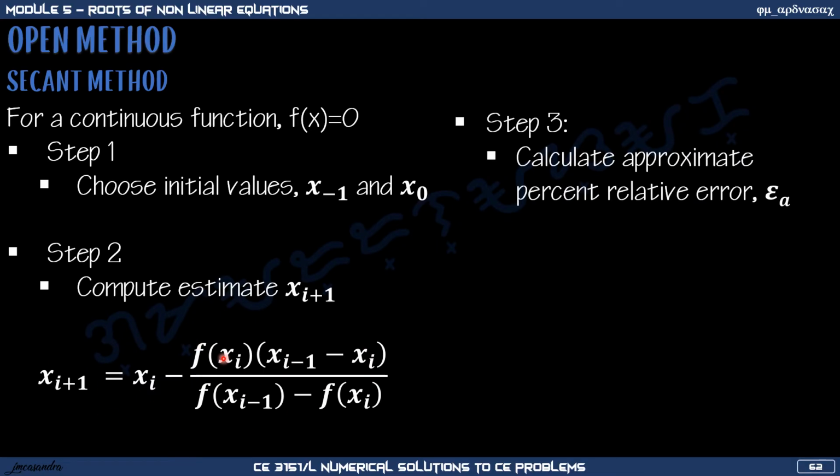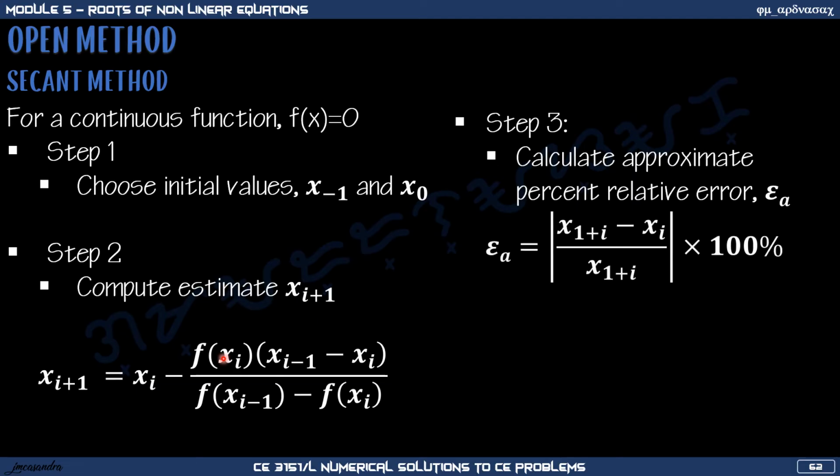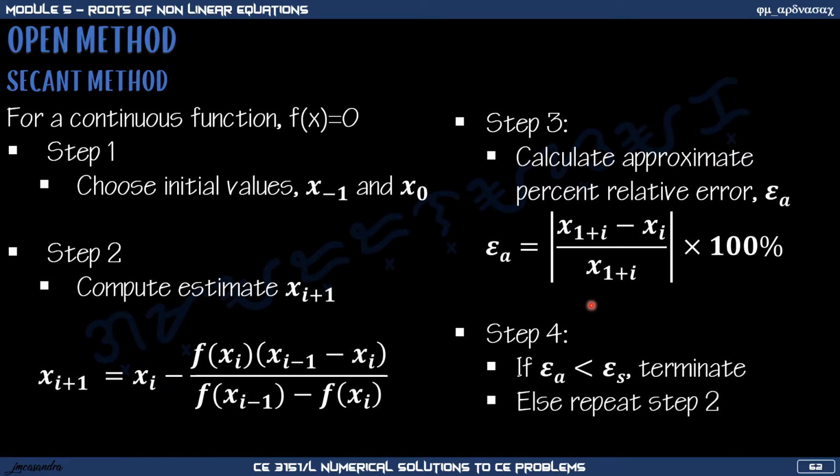Step 3, compute the approximate relative error, E sub a, with the same equation: new value minus old value, divided by new value of x, times 100. Step 4, same condition: if the approximate error is less than the stopping criterion, then we terminate. Else, we repeat step 2 and step 3.